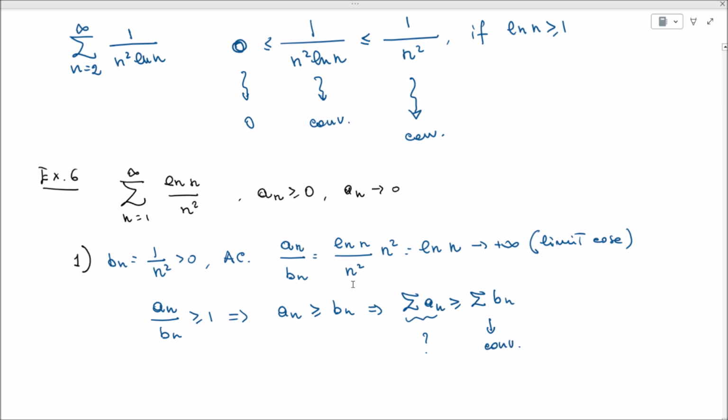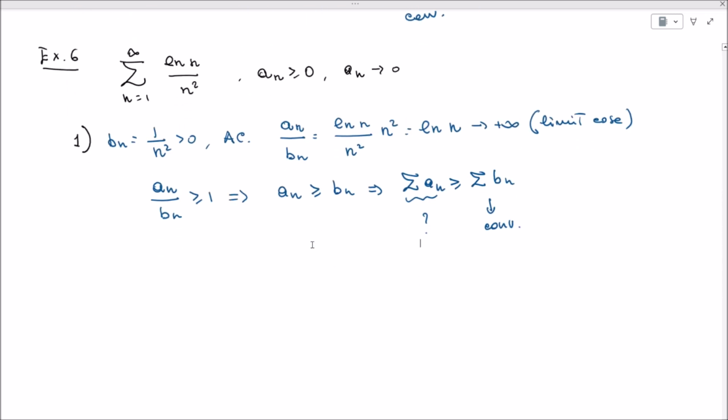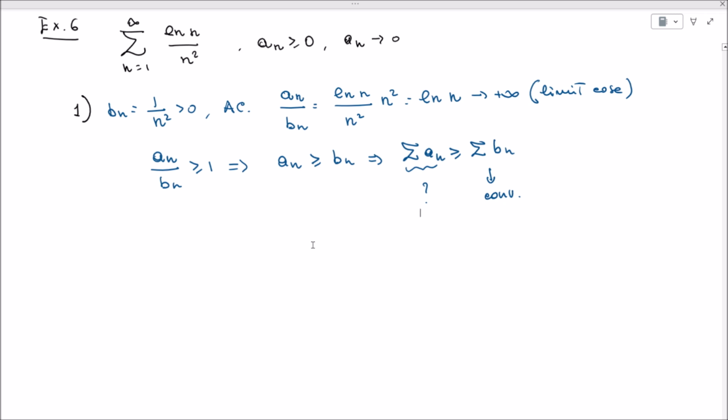Maybe the choice of bn equal to 1 over n squared was not the right one. Let me try with bn equal to 1 over n. Again, this is larger than 0, so we can apply the asymptotic comparison, and we need to analyze the limit of an divided by bn, which is now logarithm of n divided by n squared multiplied by n.